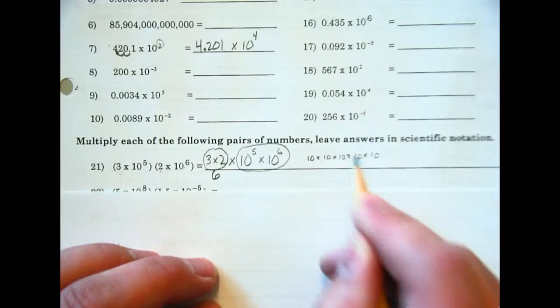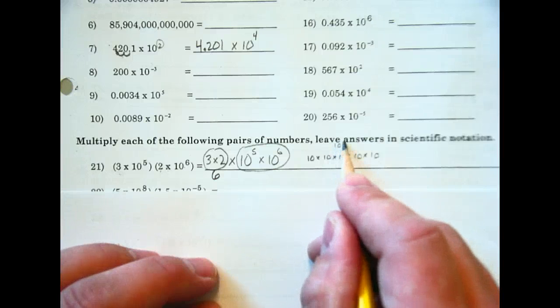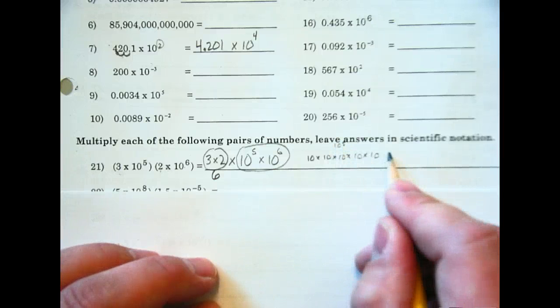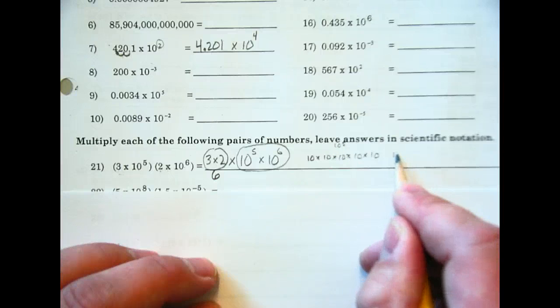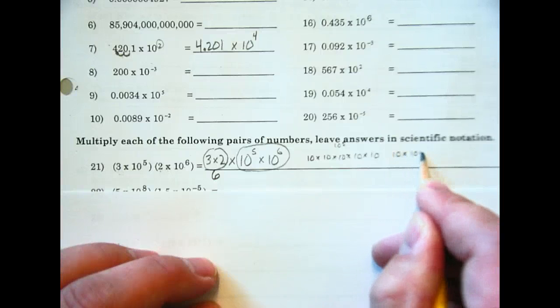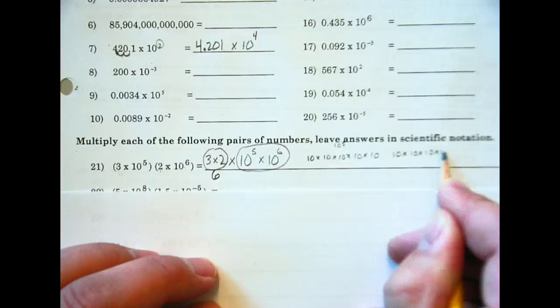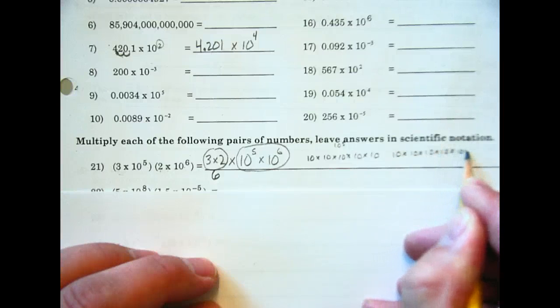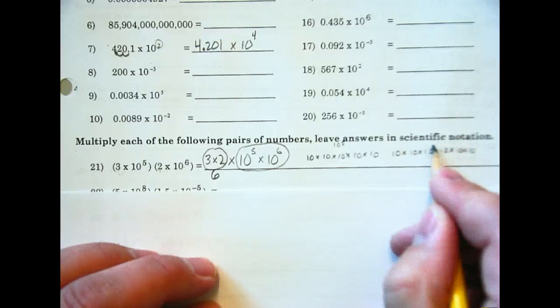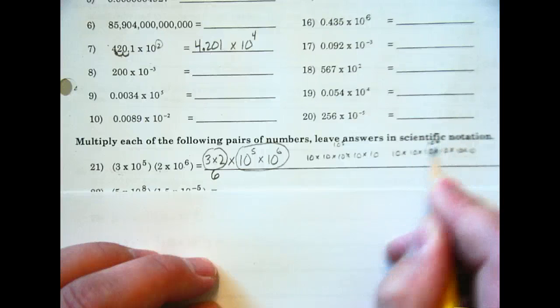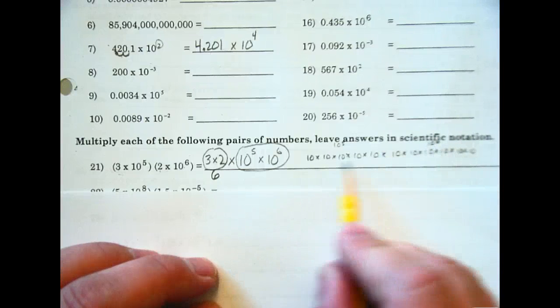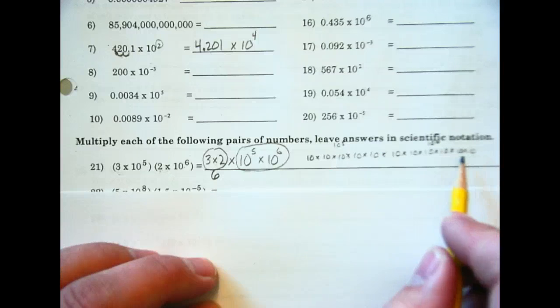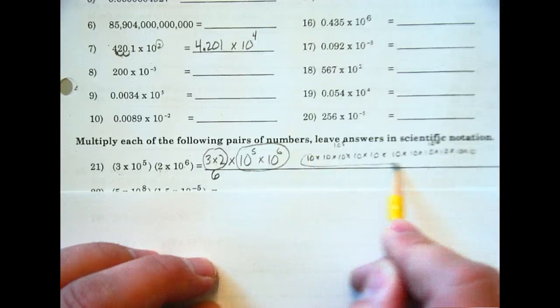That's a lot of 10s. 10 to the 6th is even more 10s. So 10 to the 5th times 10 to the 6th is 10 to the 11th. You have 11 of these.